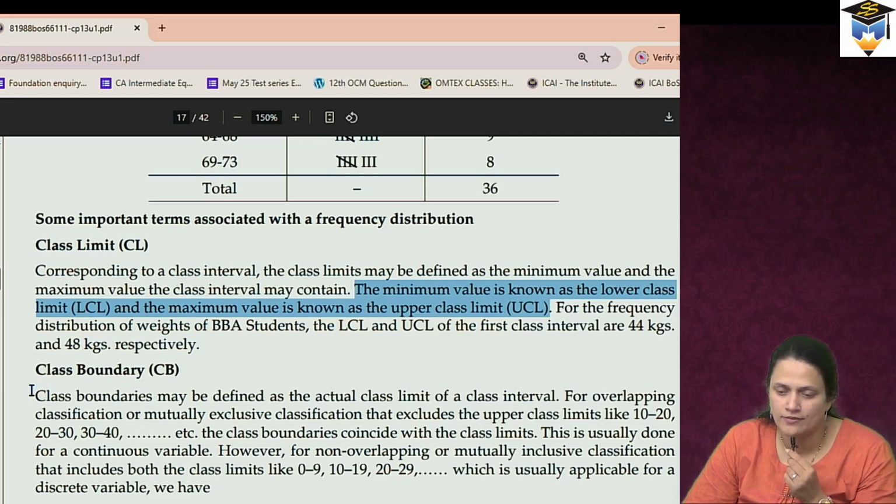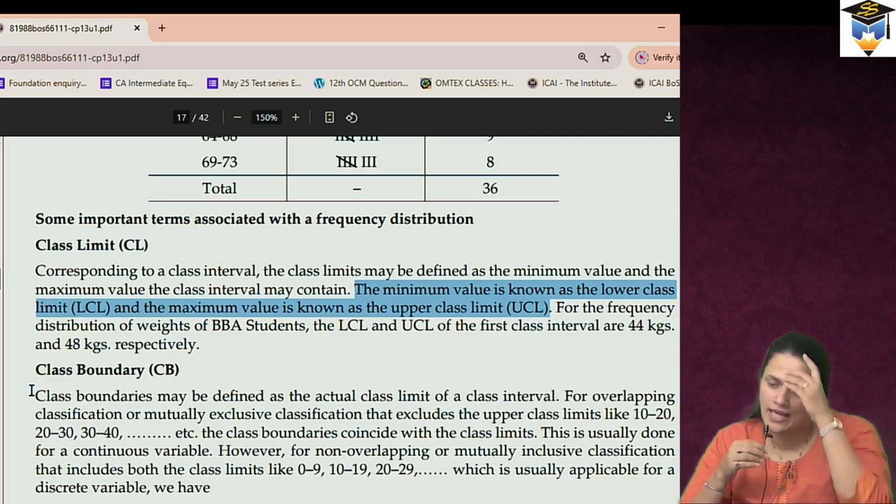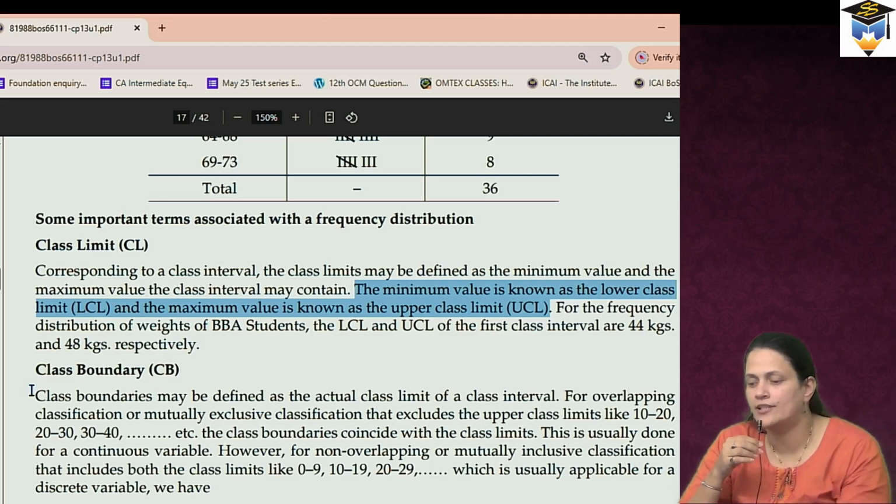Class boundary can be defined as the actual class limit of a class interval. This is usually done for a continuous variable.